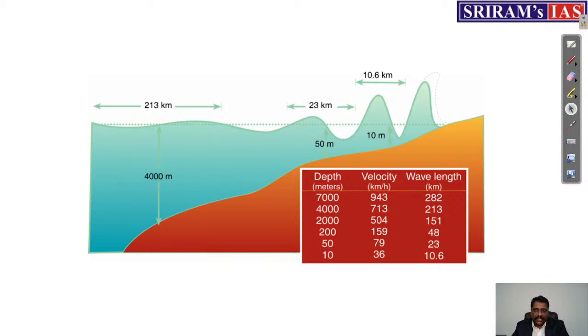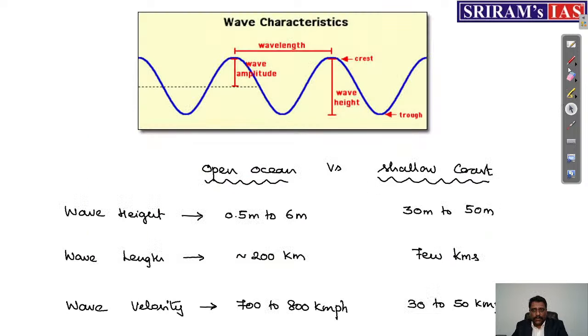And what exactly is the reason for the changing dynamic of this wave? It is all because of the shallowness of the coast. In the open ocean, wave height is not so great, only 6 meters. But 6 meters, about 20 feet, is still a great height for a mount of water. The same 20 feet of water, when it strikes the coast, rises to somewhere around 30 to 50 meters.